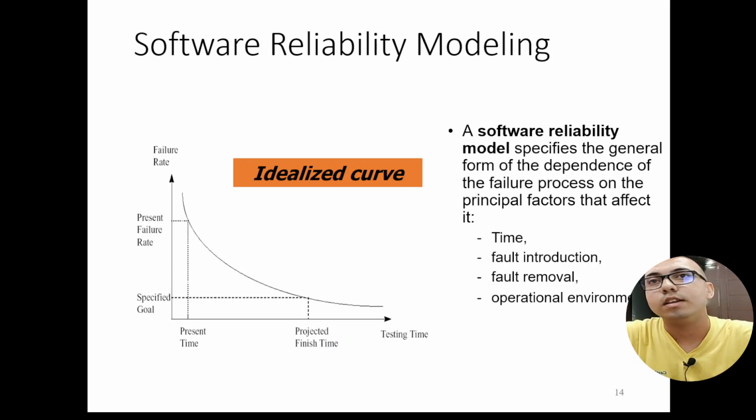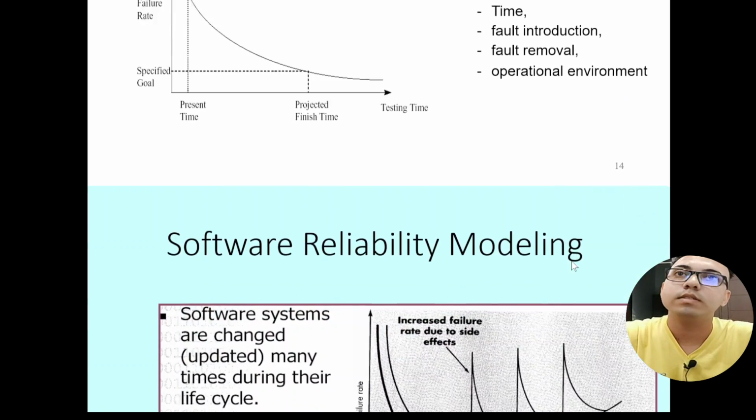You can see the curve. This is the present failure data, specified for the present time. It is decreasing asymptotically.